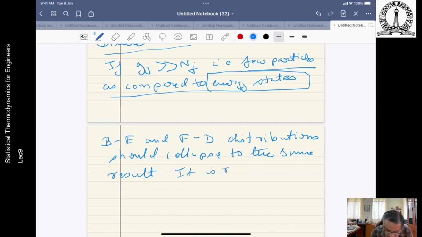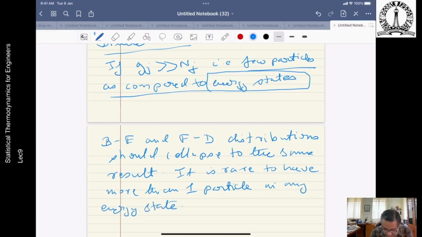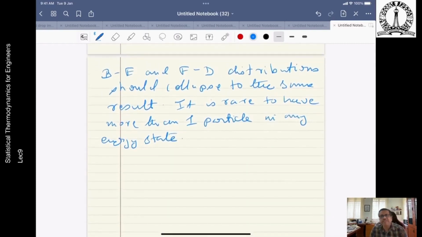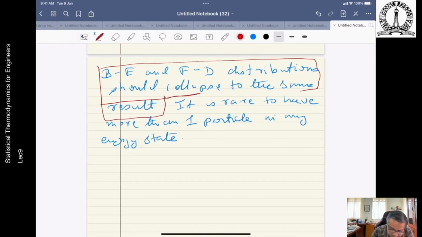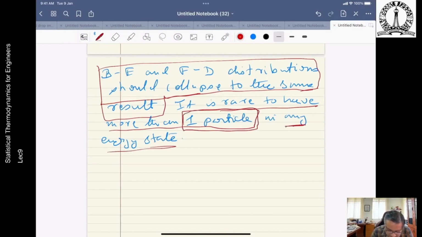Because it is rare to have more than one particle in an energy state.